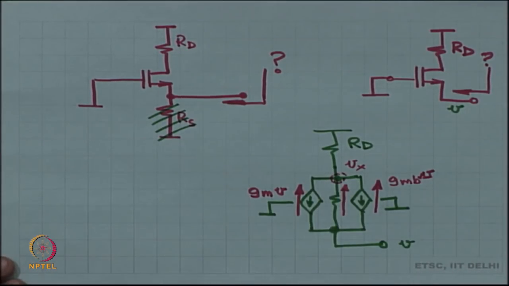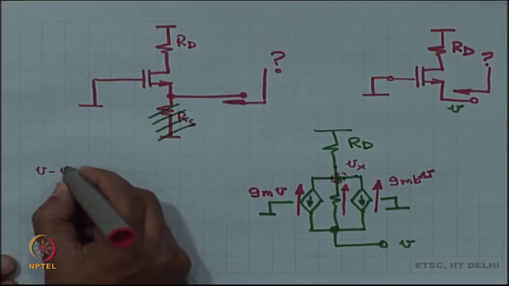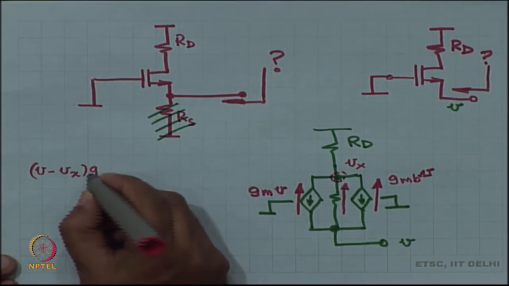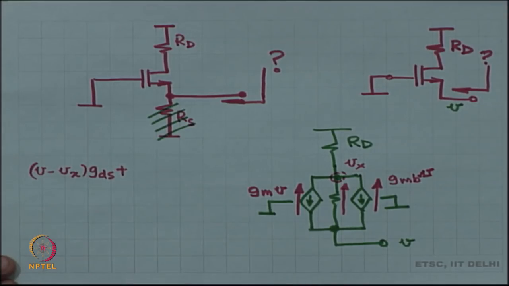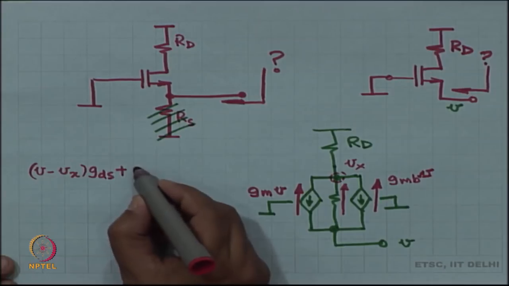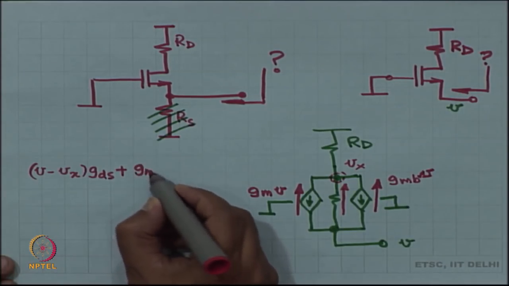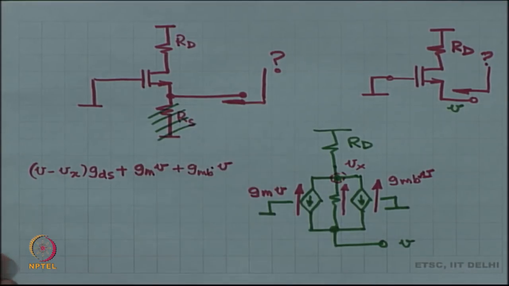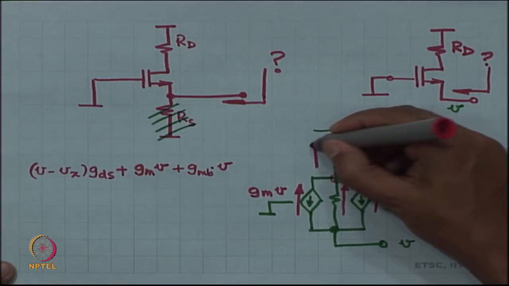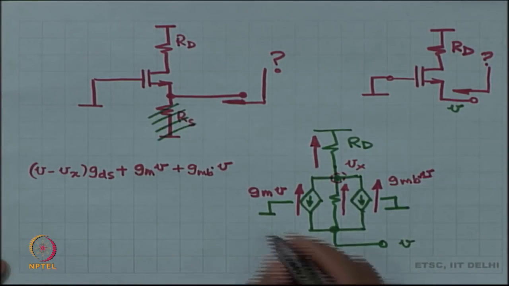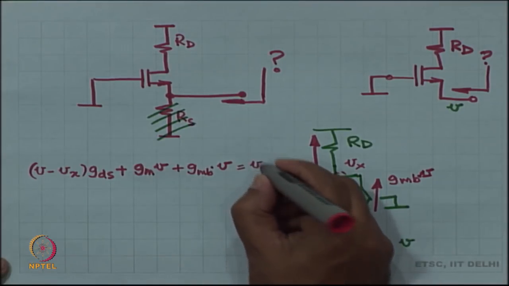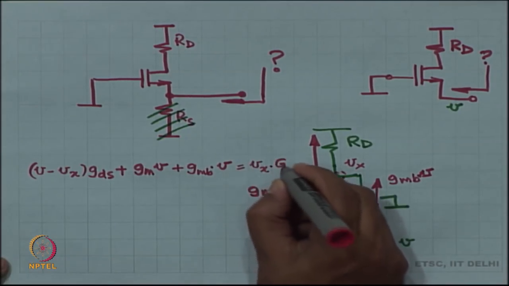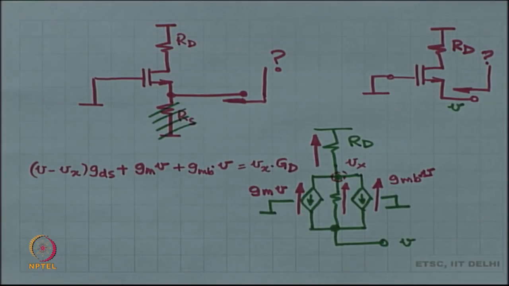So, we can do a KCL at this point: (V minus Vx) times gds plus gm V plus gmb times V is equal to Vx times gd. Is this okay?